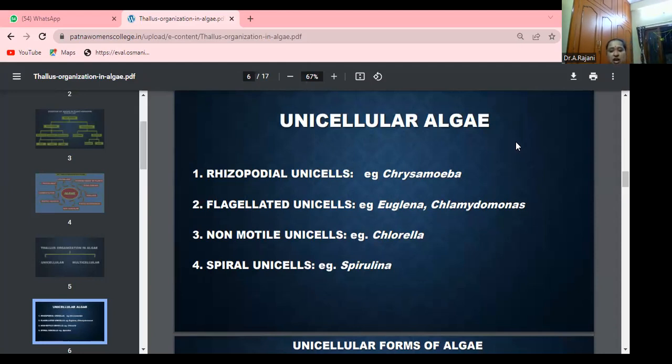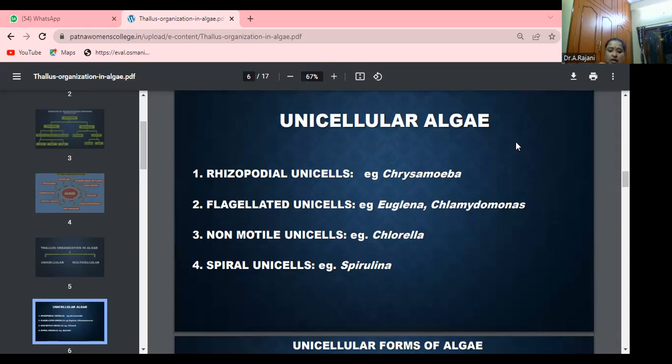Different types of flagella are present in algae: tinsel type, whiplash type, with a 9+2 arrangement, made of the protein flagellin. The most important thing is the way of movement of the flagella in that algae.